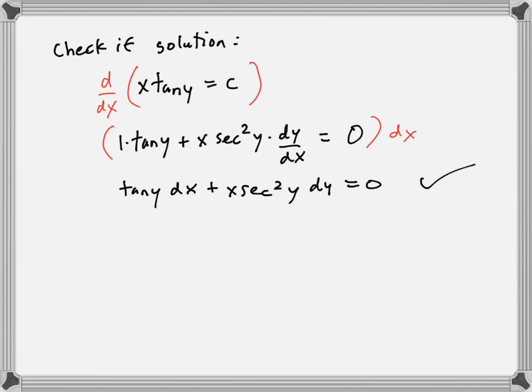So notice we got the exact same differential equation that we started with. Therefore, knowing that a differential equation is exact means that it is theoretically possible to find the solution. Of course, it involves having to find phi, because phi is the key here. That ends up being the exact solution.